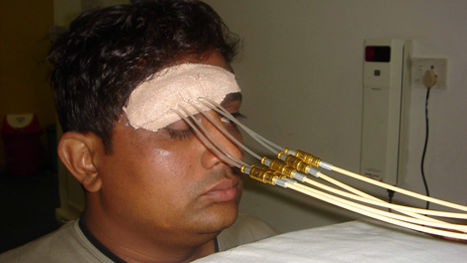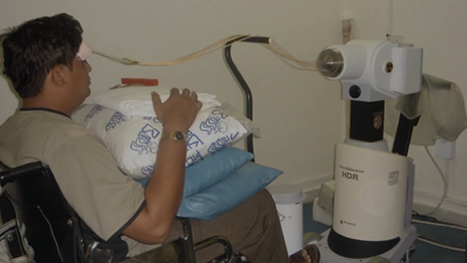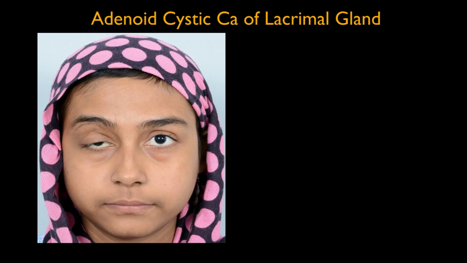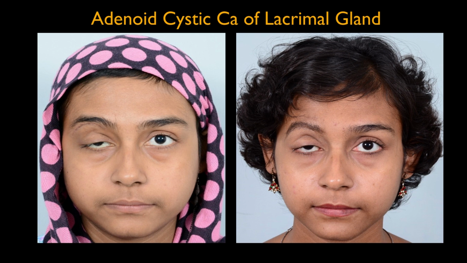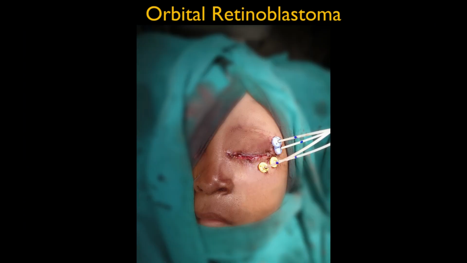Radiation is delivered in multiple fractions with each fraction at least 6 hours apart. The interstitial implant is later removed after delivery of all fractions of radiation. The indications for interstitial brachytherapy include adenoid cystic carcinoma of the lacrimal gland, orbital retinoblastoma, and so on.